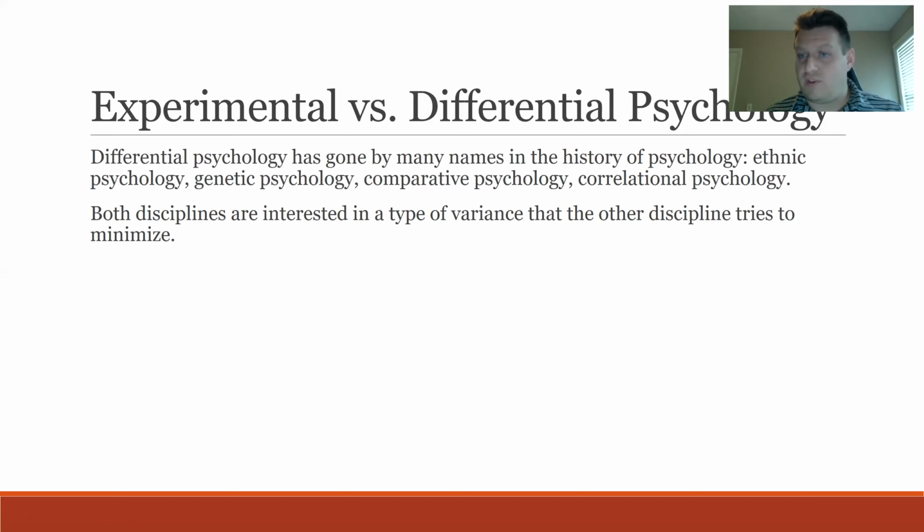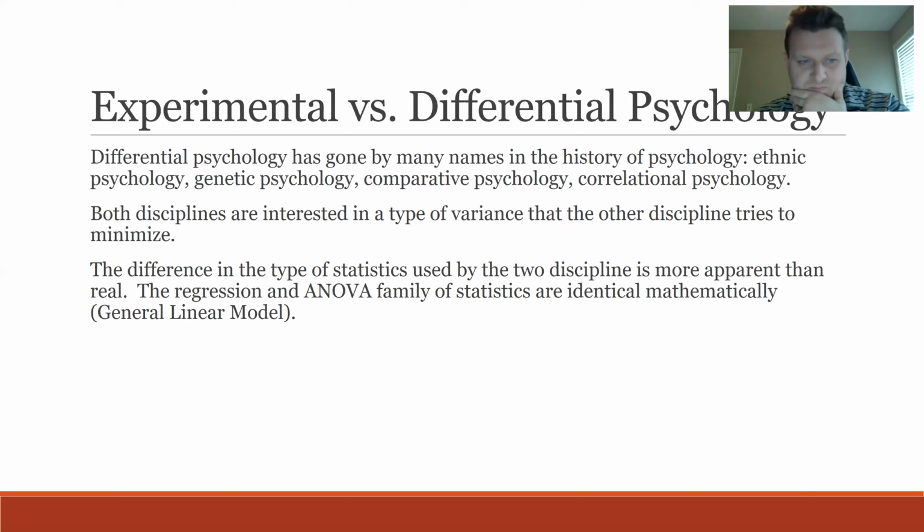Differential psychologists are interested in the individual variation within people. Experimental psychologists try to eliminate the variance within people. That's a nuisance variable for experimental psychologists. For differential psychologists, they don't really care about differences between an experimental group and a control group.